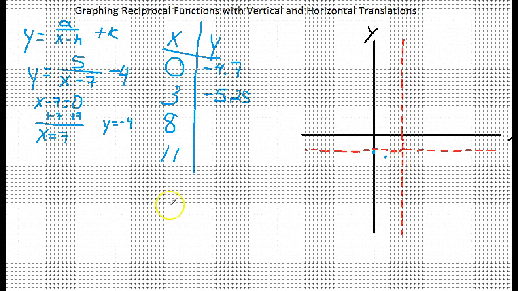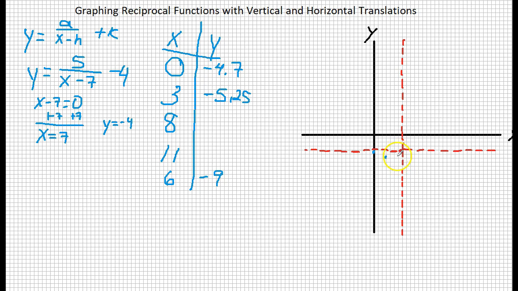I'm going to pick another value that's really close to this. How about 6? Well, 6 minus 7 is negative 1, so 5 divided by negative 1 is negative 5. Negative 5 minus 4 gives you negative 9. So at 6, that's just one unit away from the asymptote, it is way down to negative 9.